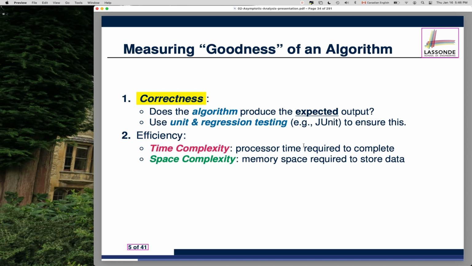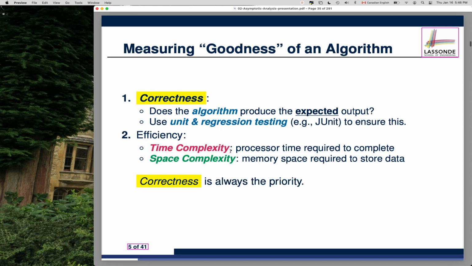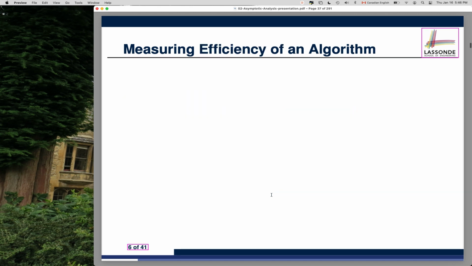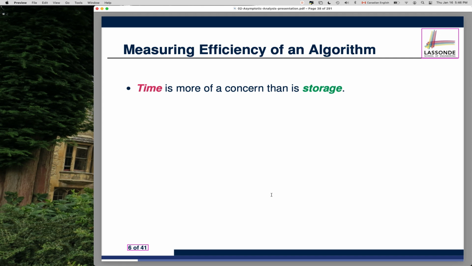But whenever there's any memory concern, I will let you know explicitly. So we're going to focus more on time complexity, and correctness, no compromise under any circumstances. Okay, for efficiency, we focus more on the time.